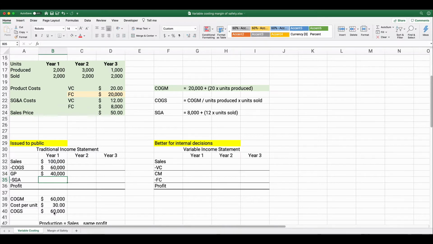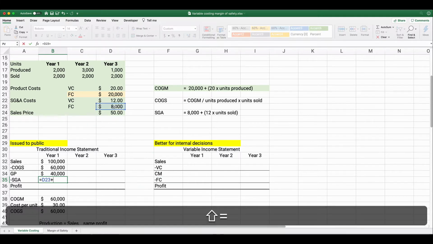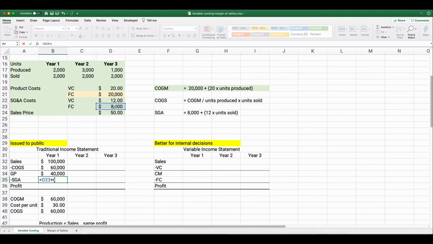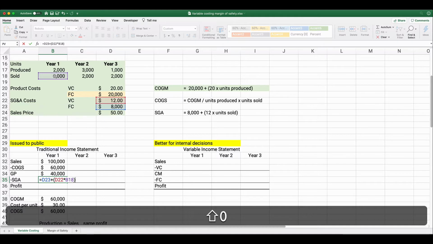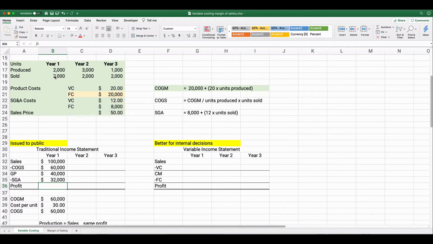Now our SG&A cost is going to be the $8,000 plus the $12 times the units sold, in this case the 2,000. So that's going to be 32,000, and that's going to be the same all the way across. So for year one, 40,000 minus 32, our year one profit is $8,000.